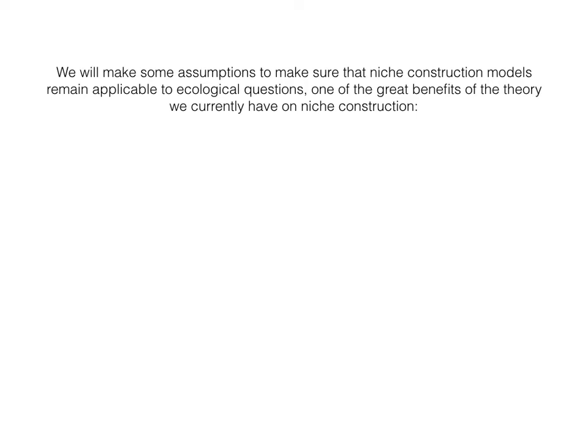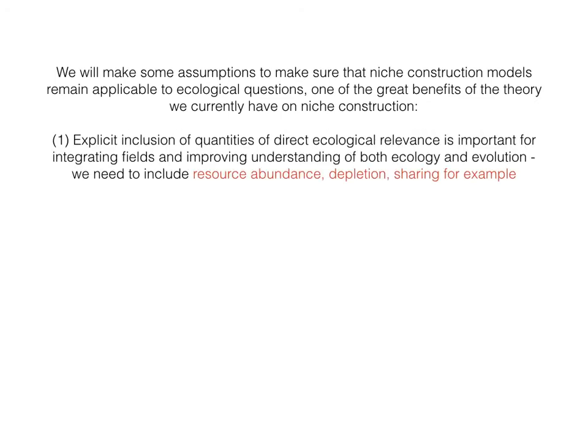So we want to maintain some ecological realism, or maintain the possibility of introducing ecological realism into these models. So to do that, the first assumption that I want to make is that the interaction is a function of resource abundance, resource depletion, and we want to allow the models to represent, for example, how resources are shared or experienced by individuals.